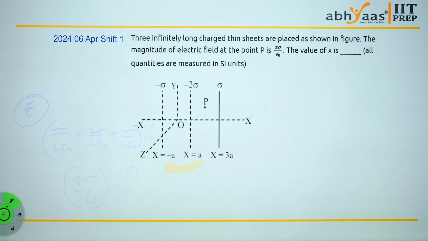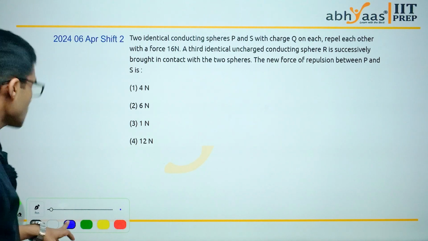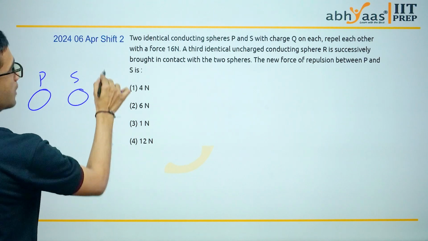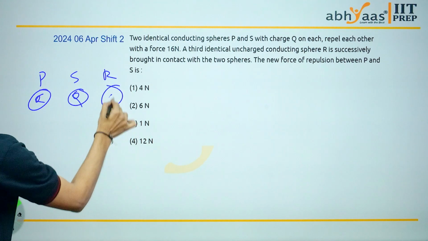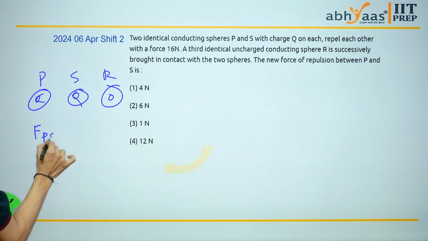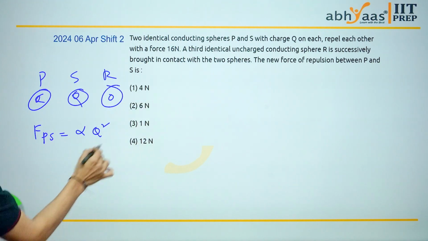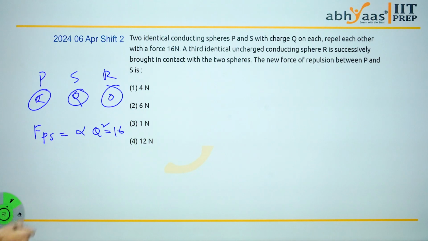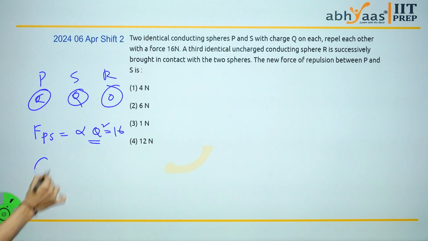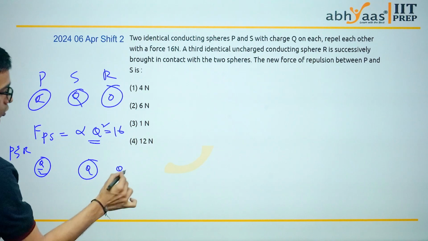Now going to the next question. It is a simple question. There are three spheres, P, S and R, where R is uncharged. P and S have charge Q each, and R has zero charge. Initially, the force between P and S is proportional to Q square, and that is 16 newtons. So Q square by R square, it's proportional. After that, if you bring P and R together, charge is shared, so it is Q by 2 and Q by 2.